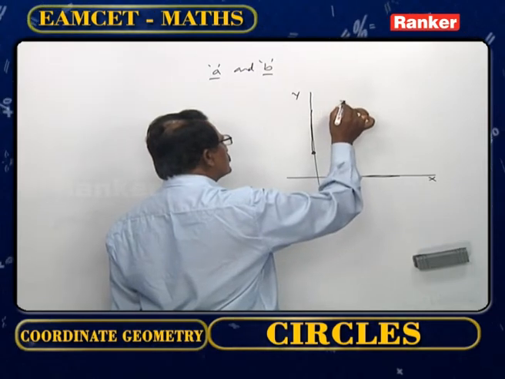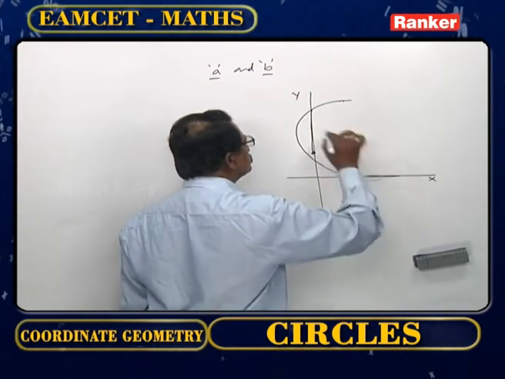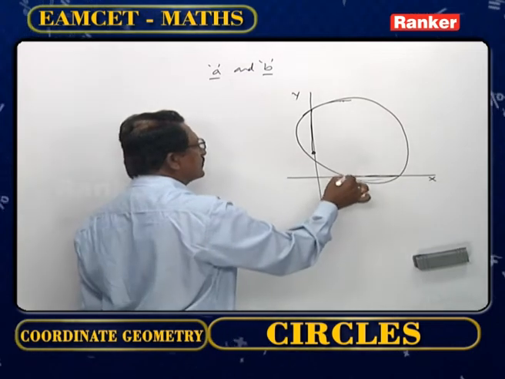Now, a circle passes through the 4 ends of the rods.